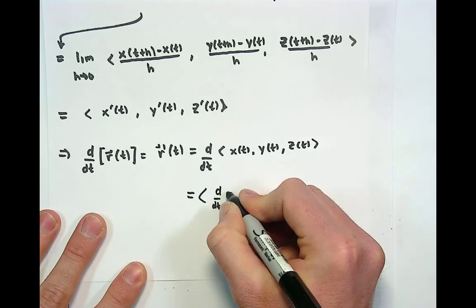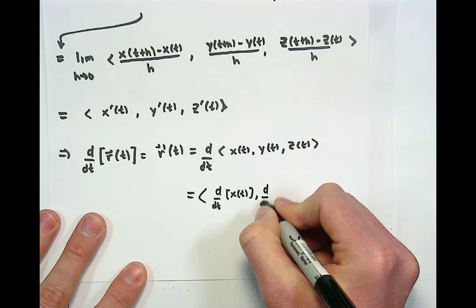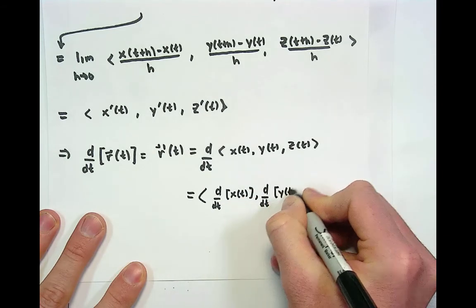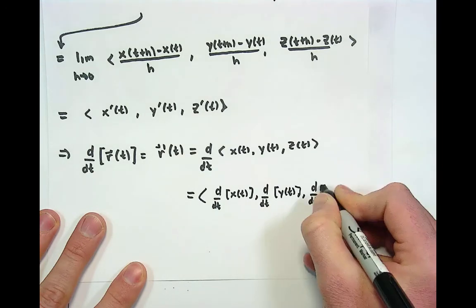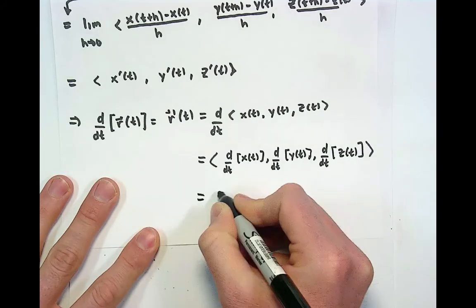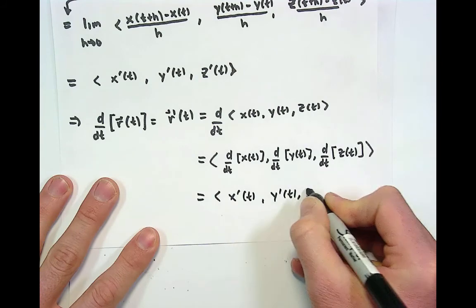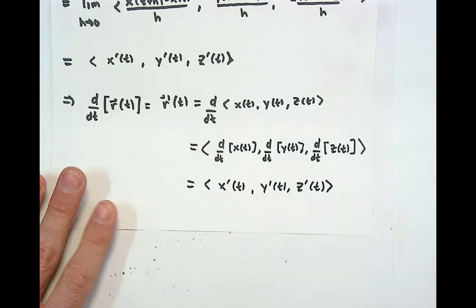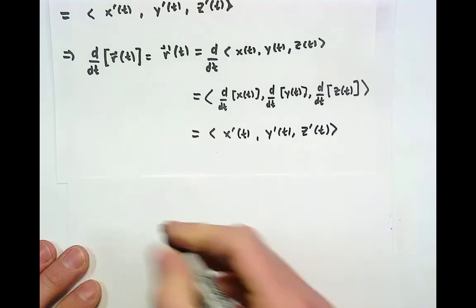So here we've got d dt of x of t, here we've got d dt of y of t, and here we've got d dt of z of t, which we just said was x prime of t, y prime of t, z prime of t. And let me just interpret this for a minute.